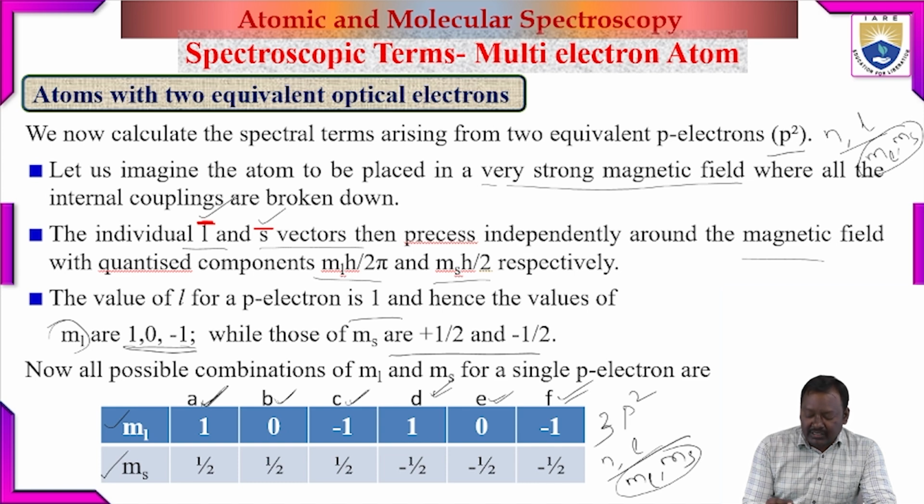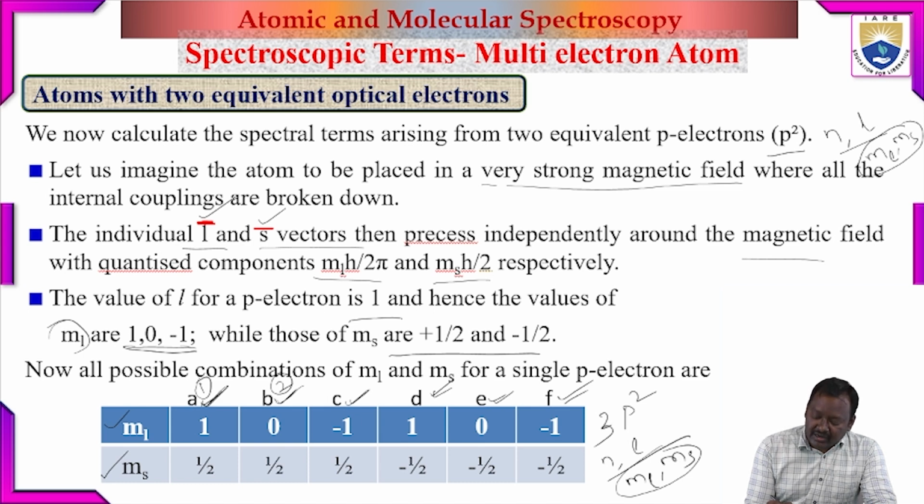Okay, so for example, the first electron is in the A state and the second electron is in the B state. That is a particular condition or situation.